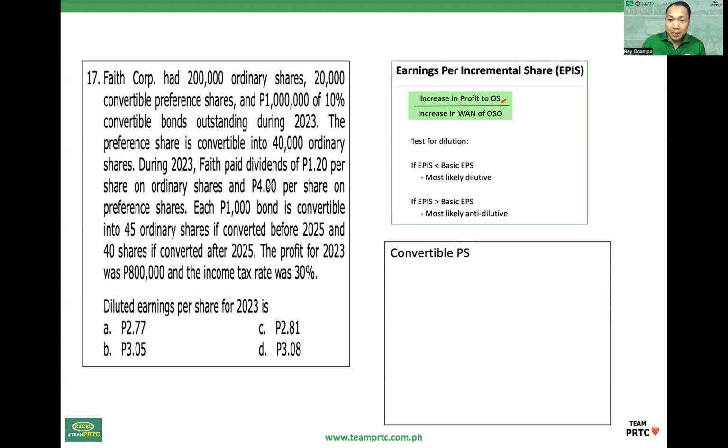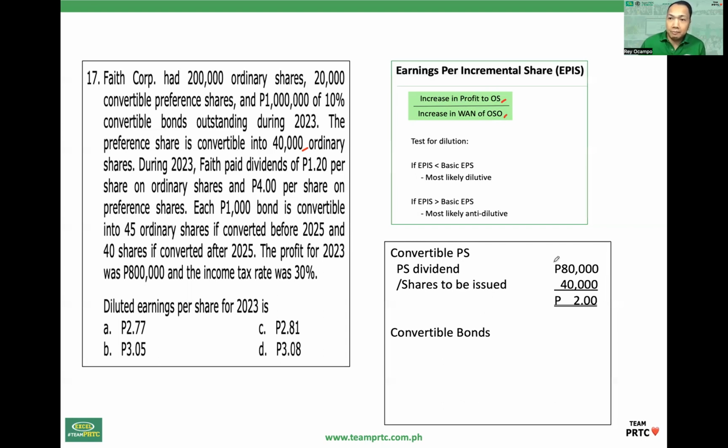So effect on numerator, increase as computed earlier, 80,000. Okay, effect on denominator, increase. So yung PS convertible into 40,000 OS. So effect on numerator, divide by the effect on the denominator. So the EPS or the earnings per incremental share is 2 per share. So lower than the basic. That's most likely dilutive.